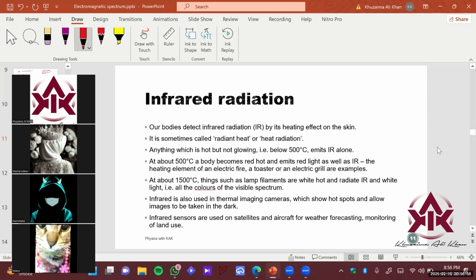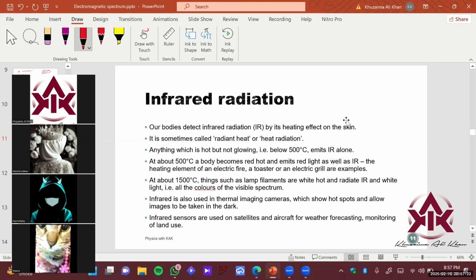Okay, infrared radiation. Can anyone give me an example of where this occurs in real life? You use this multiple times. You use this daily. You use infrared radiation daily in your life, and it is the most commonly found appliance in your house.